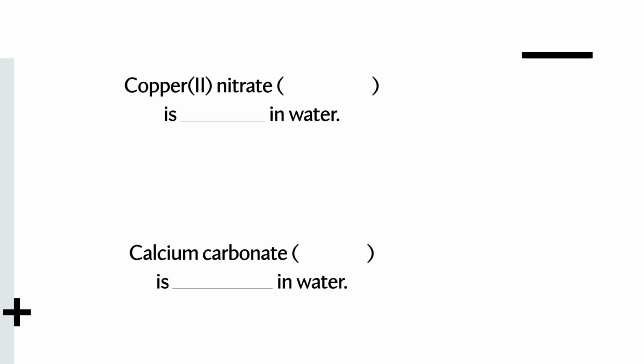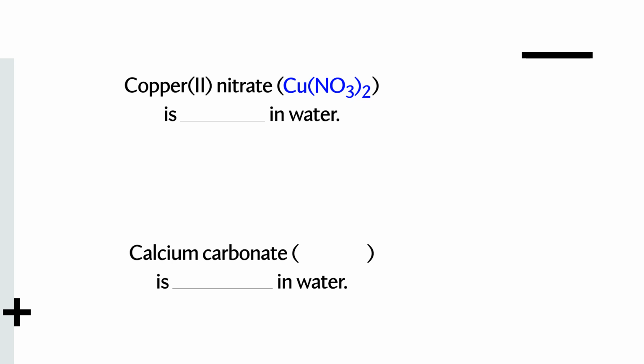Let's take a look at a couple examples of how solubility plays a part in chemical reactions. The first one is copper nitrate in water. Copper nitrate has the chemical formula of copper, which is Cu, and nitrate, NO3, right? Copper(II) nitrate means copper has an oxidation state of +2.